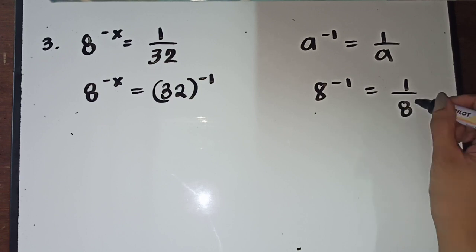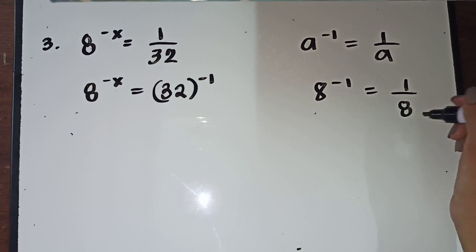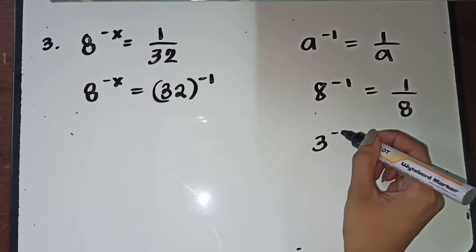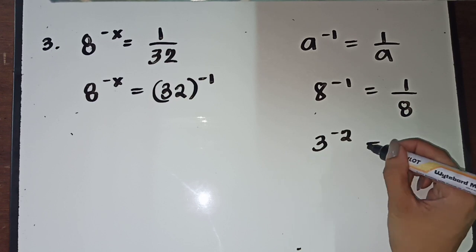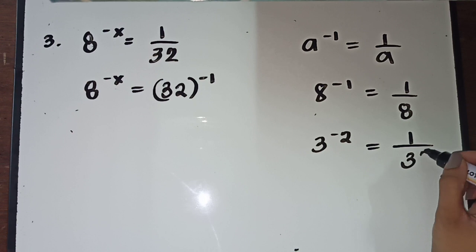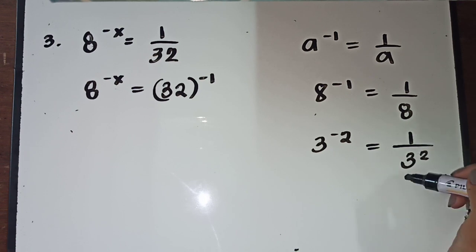Again, if I have 3 raised to negative 2, so that is equal to 1 over 3 raised to 2. So, get the reciprocal and make the exponent positive.